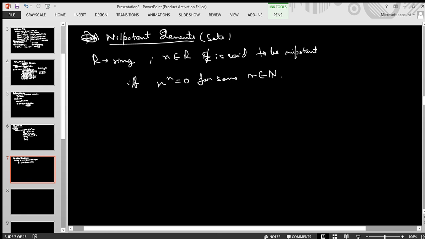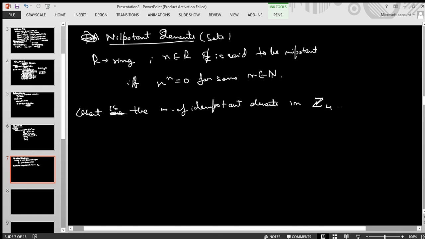Suppose if I tell you, what is the number of idempotent elements in Z4?